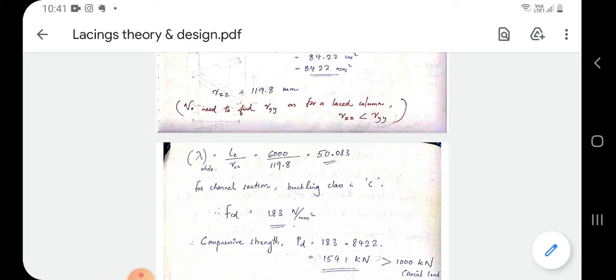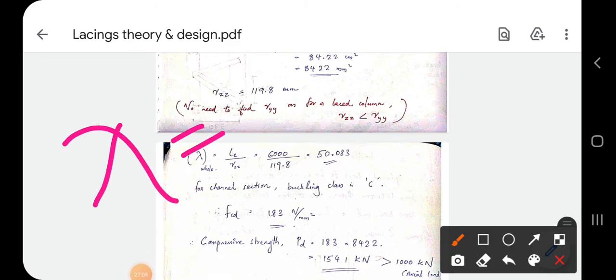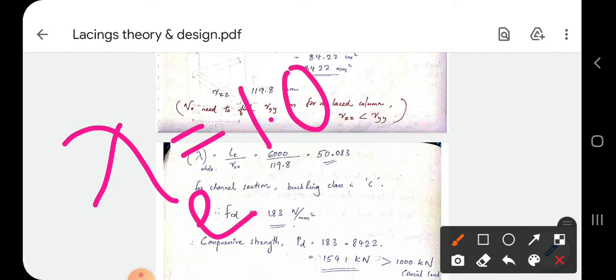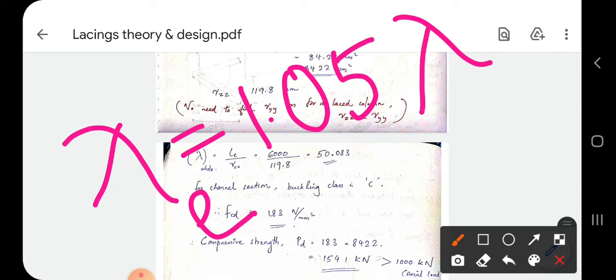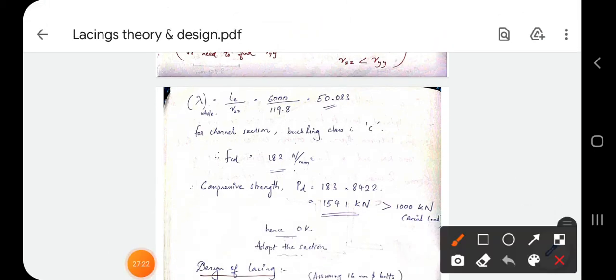And listen, here we know that one condition is there. The effective slenderness ratio of a laced column is equal to 1.05 times the slenderness ratio of that column. So 1.05 times lambda. So actually in this problem we have not done that, but actually we have to do that.